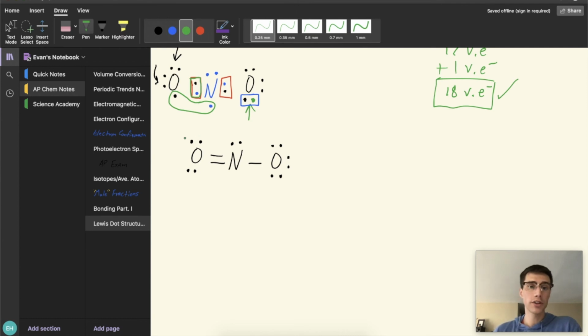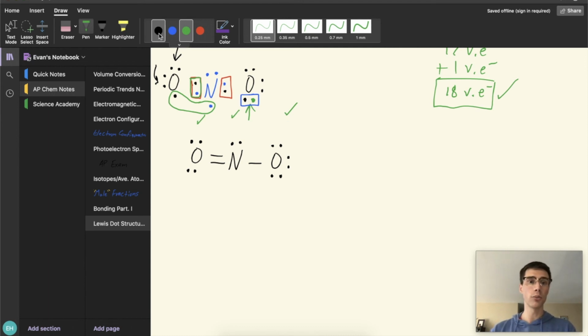The oxygen on the left has 2, 4, 6, 8 electrons around it. So yes, this oxygen is happy. Nitrogen has 2, 4, 6 from bonds, 8, so a total of 8 including 2 from that lone pair. Nitrogen is happy. And this oxygen on the right has 2, 4, 6, 8. So yes, all of these atoms have met the octet. They are satisfied in that regard.